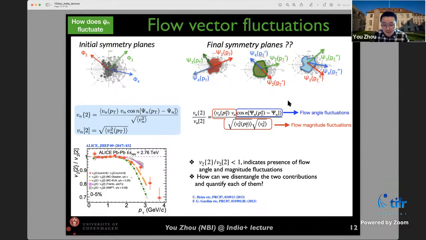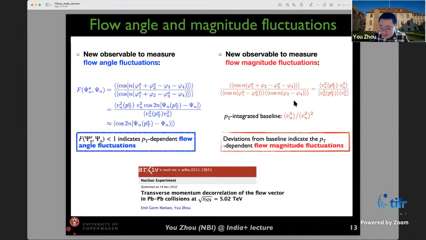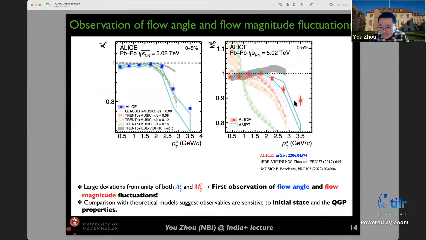Because of the complication, I will not go through the details here. There are 3 slides about this very complicated measurement that we will not have time to discuss in detail today, but I refer to the following paper in ALICE. The conclusion is rather simple: we can confirm in ALICE with more than 5 sigma significance such an additional fluctuation of the flow symmetry plane versus pT.